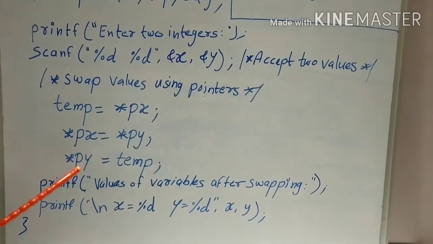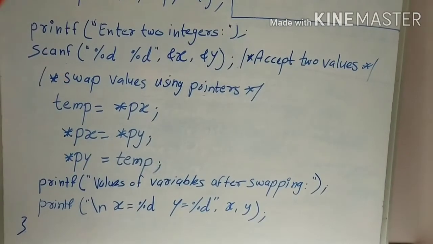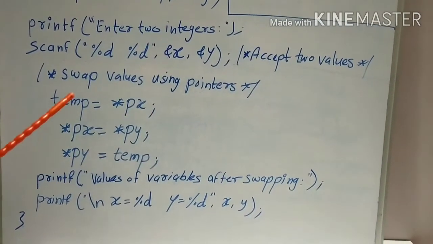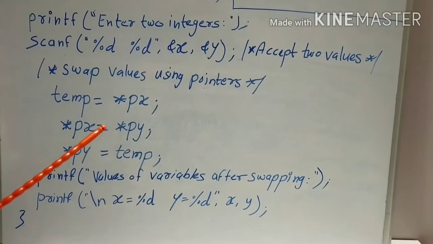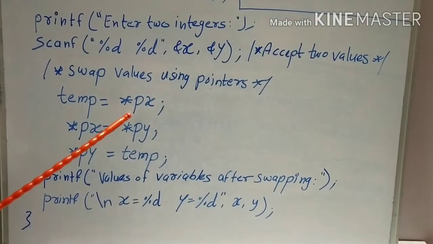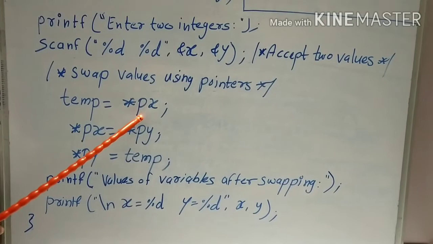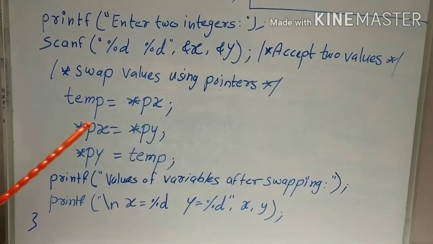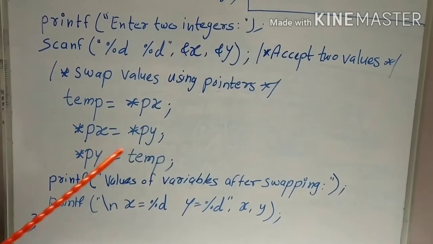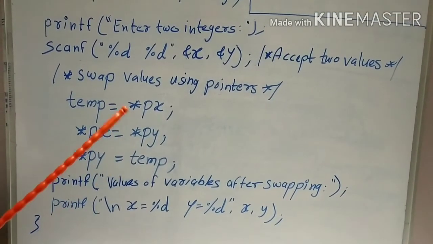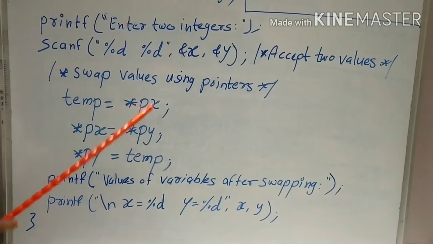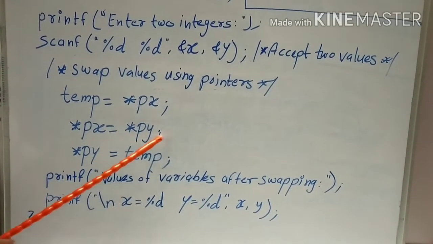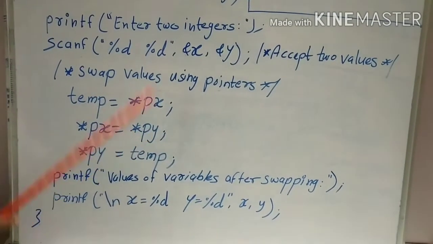So in these three steps, we are quite familiar with swapping two values using a temp variable. Earlier we wrote the program using only x and y, that is temp is equal to x, x is equal to y, y is equal to temp. Now only replace x with star px and replace y with star py.